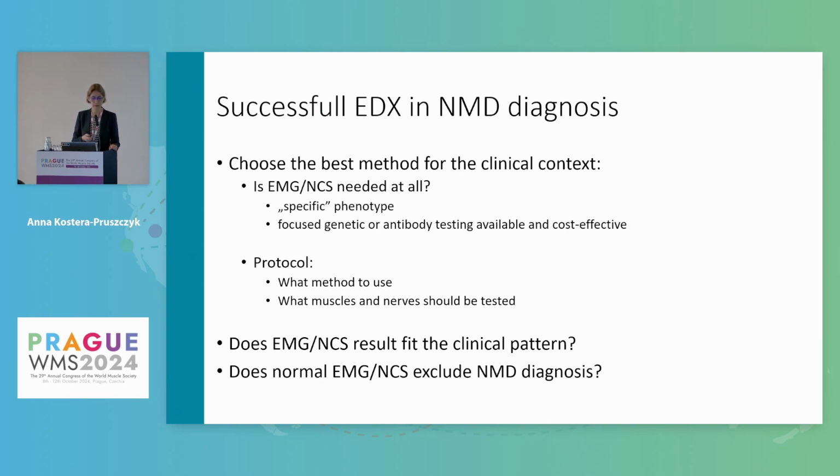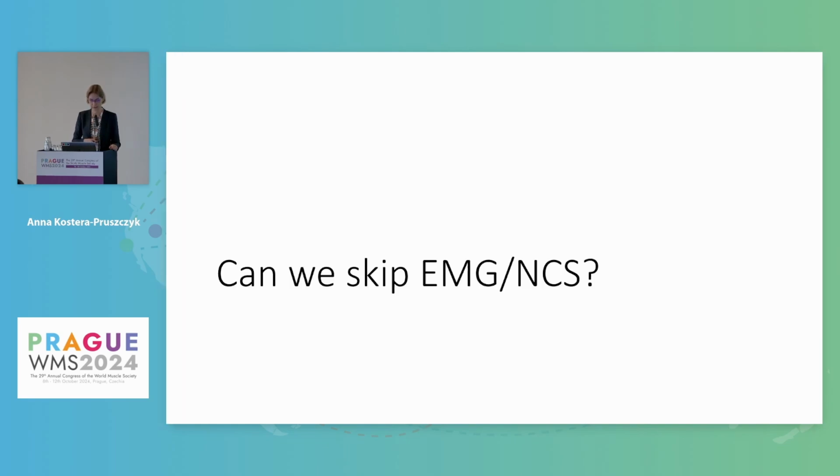What methods to use, what muscles and nerves should be tested, how big should our examination be, and finally, do the findings fit the clinical pattern, because we can find something unexpected or something that will, for instance, show us the double trouble pattern in a patient. And of course, does a normal EMG or nerve conduction study exclude a neuromuscular disease diagnosis?